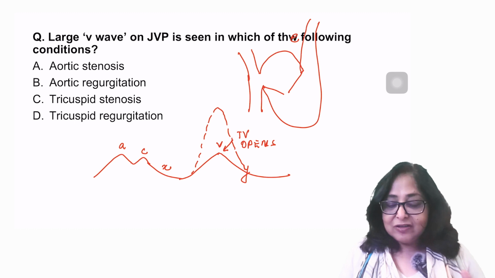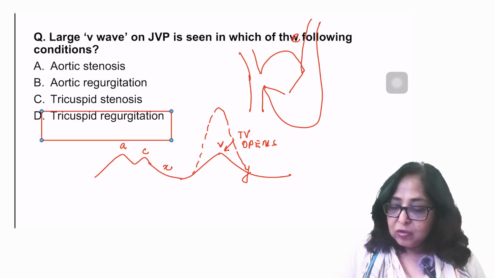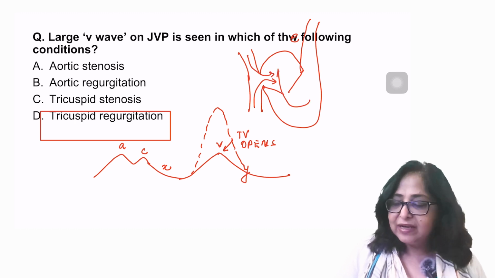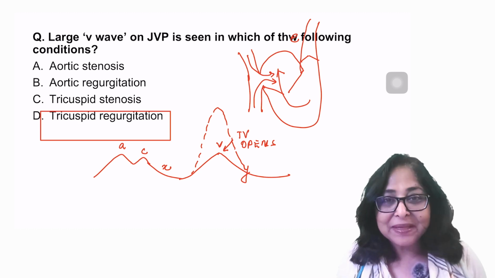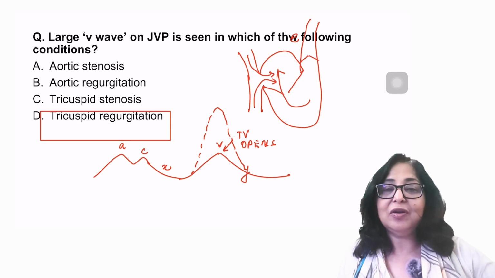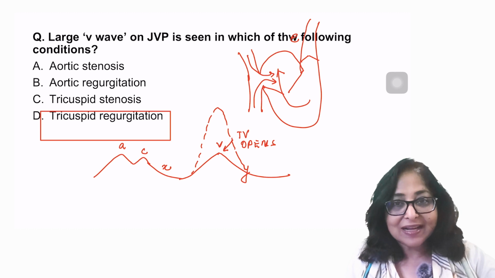Now, supposing there is a tricuspid regurgitation, blood will not only come from the superior and the inferior vena cavas, but also regurgitate from the right ventricle into the right atrium. So now there will be a larger V wave. So tricuspid regurgitation is going to be my answer.